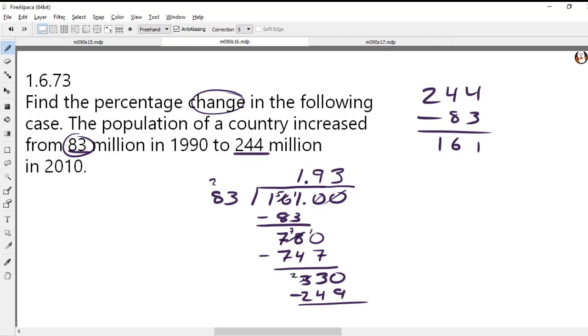Now let's subtract, 81, yep. And this is 193%. But I need to know if I need to round this up or not. 81 is almost 83, so I actually should round this up to 194%.